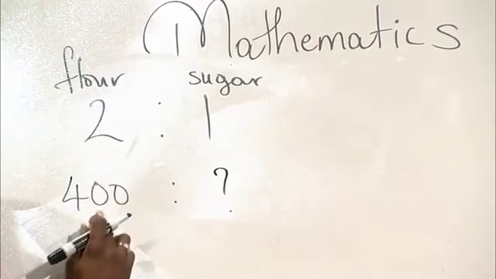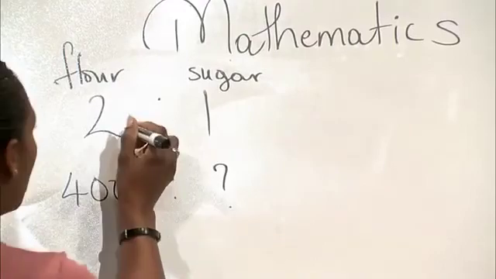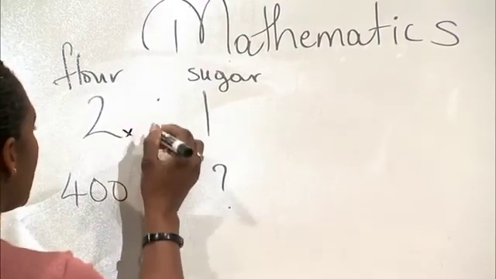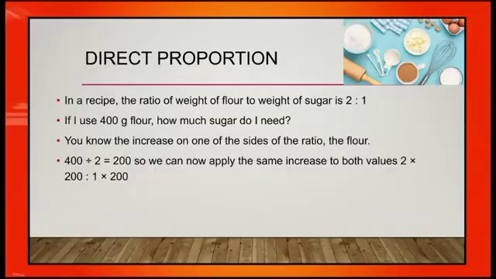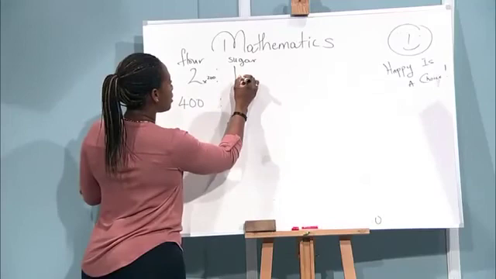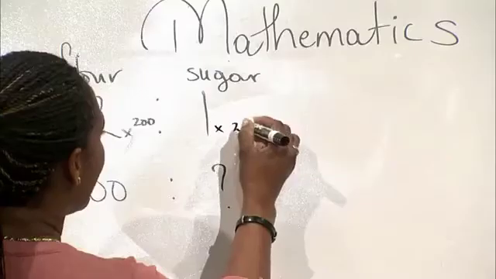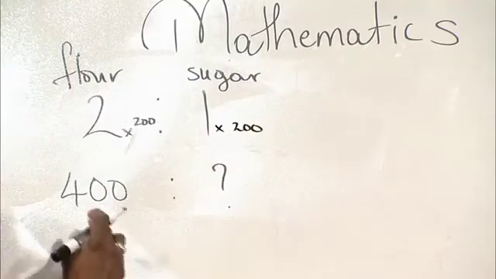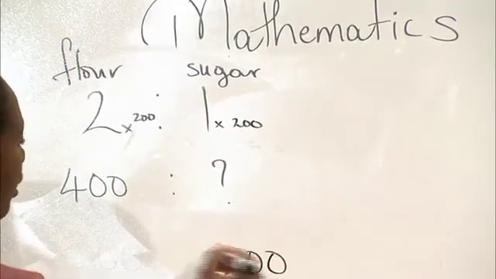What has happened to 2 to get it here? 2 into 400 goes 200 times. So I would have multiplied that by 200. And that's what we've been doing so far. Whatever is done to one side of the ratio must be done to the other in order to show that there is direct proportion taking place. So we have 1 times 200 gives us 200.